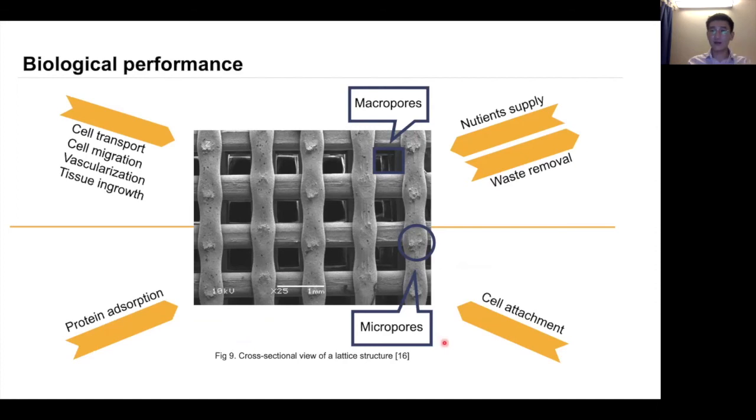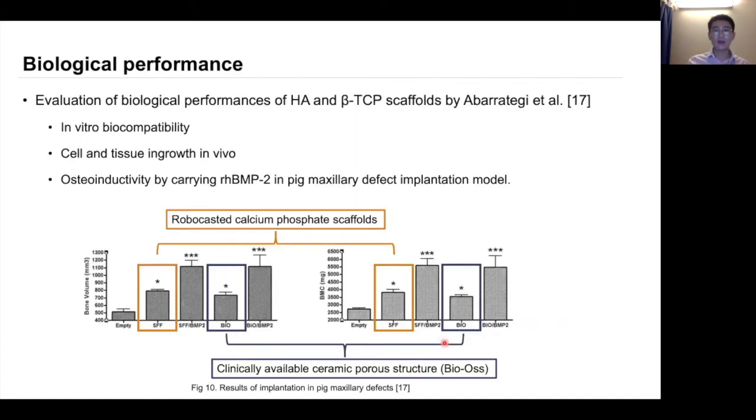If we take a step further by looking at in vitro as well as in vivo studies of the biological performance of these HA and beta TCP scaffolds, they exhibited very good biocompatibility, promoted cell and tissue ingrowth in vivo, and exhibited osteoconductivity in a pig maxillary defect implantation model.